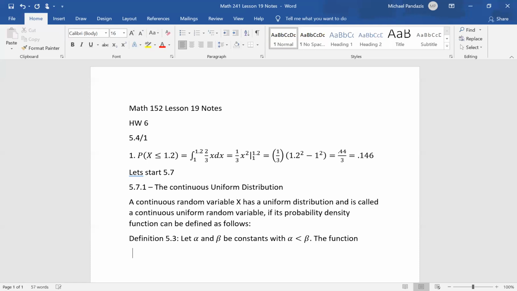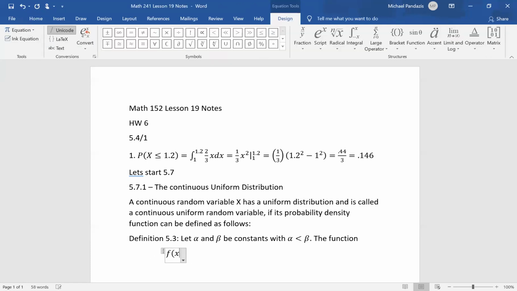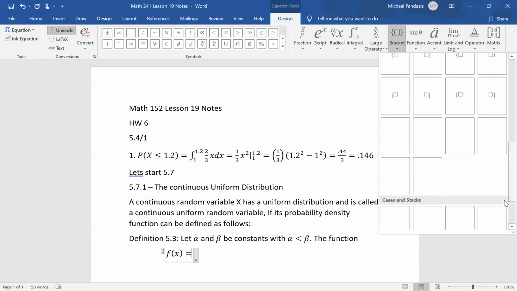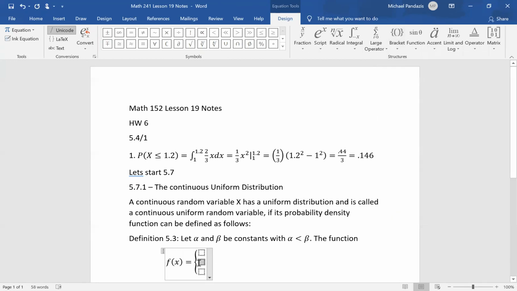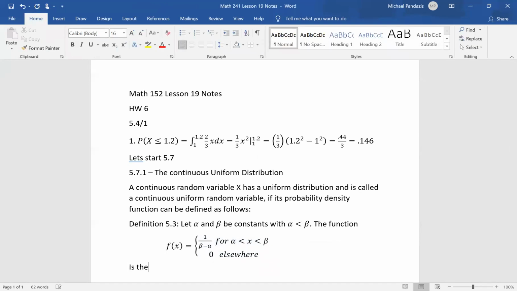The function f of x is equal to 1 over beta minus alpha for alpha less than x less than beta, 0 elsewhere, is the uniform probability density function.